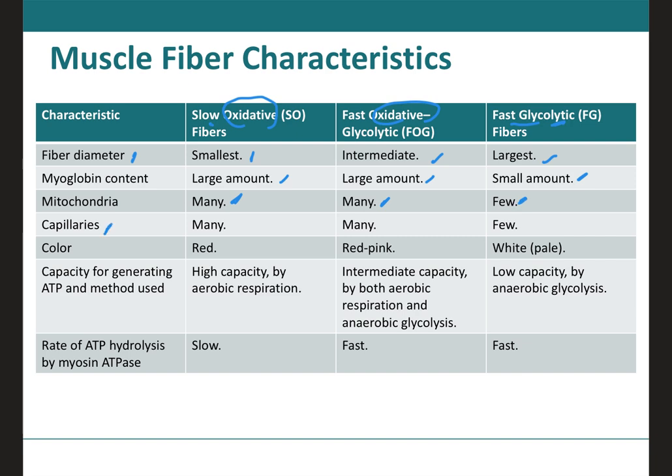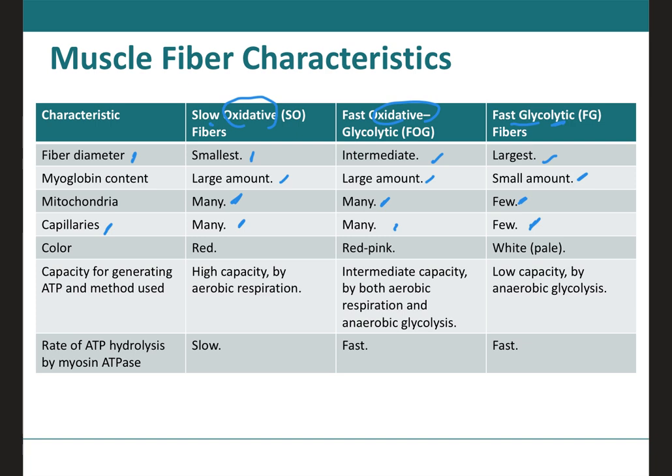Same thing with capillaries, because the oxygen is going to be circulating through the capillaries. So if you have more oxygen available, it means that you're going to have many capillaries. If you have less oxygen, then you're going to have fewer capillaries. Same thing with the color. The more blood you have circulating, the darker the red will be.